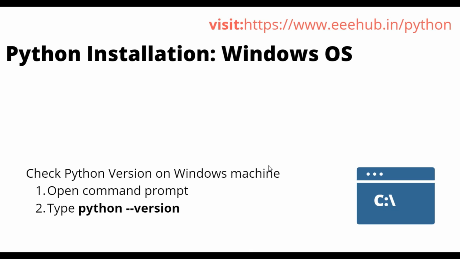I hope now it is clear how to install Python in Windows operating system and how to set the environment variable. Okay, and I have already told you that after installing Python in Windows operating system, just open the command prompt, and in the command prompt you have to just type python double dash version. It will print the version of Python.